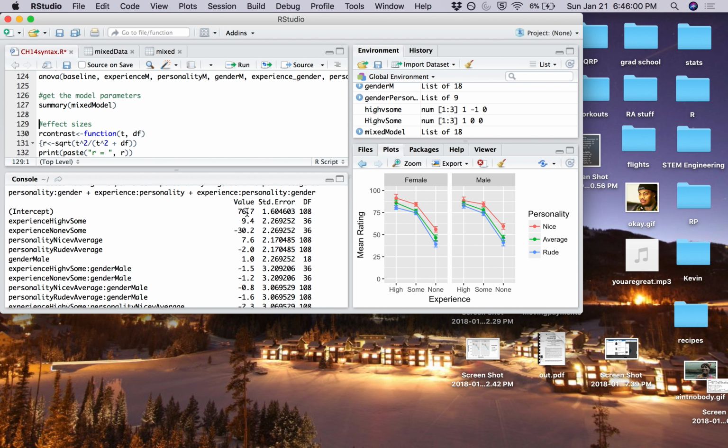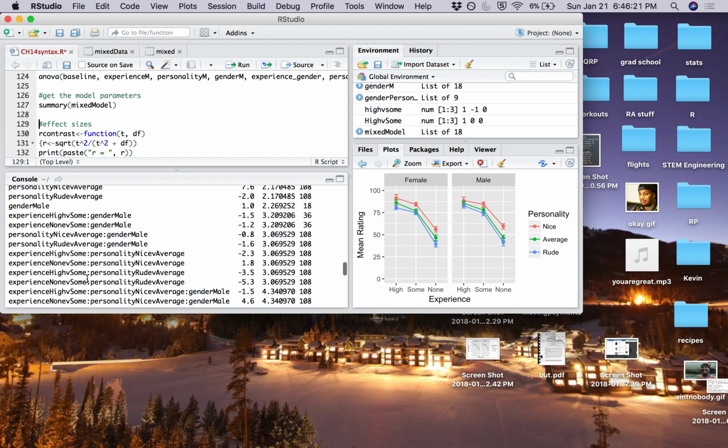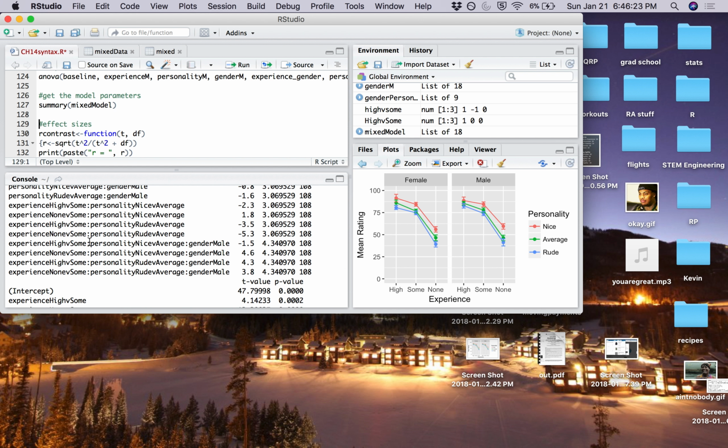So, when reporting, we want to look at contrasts and your beta value and your t value and your p value. So, the first contrast that we set was the high versus some experience. We're just going to look down back to these.